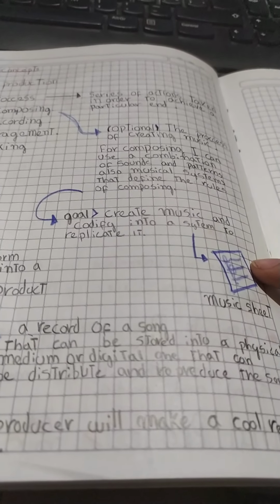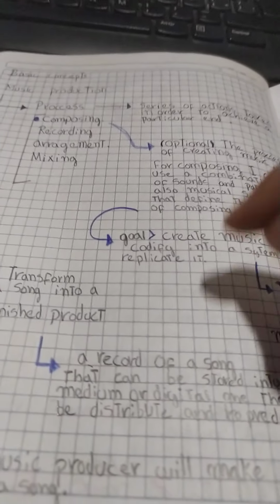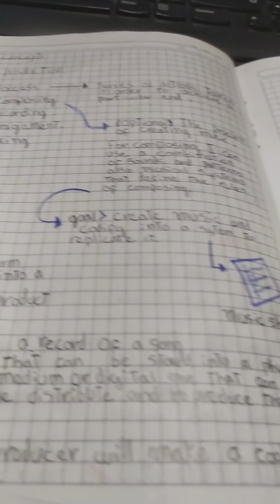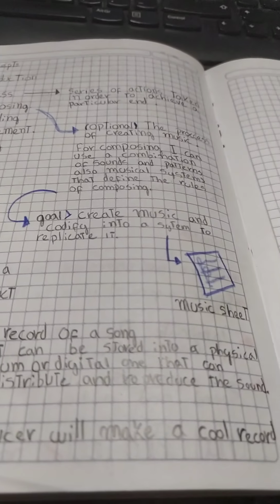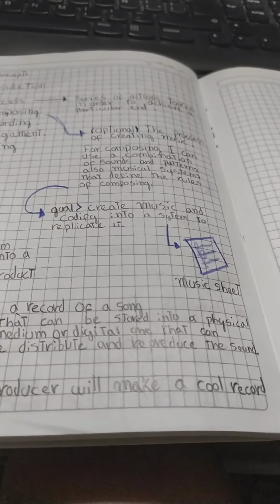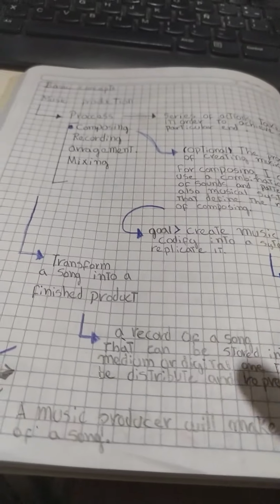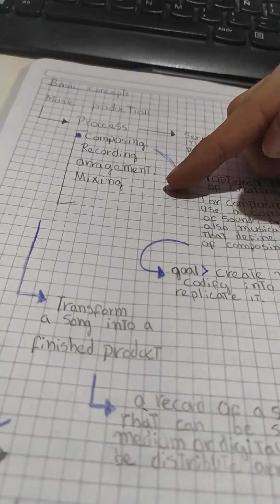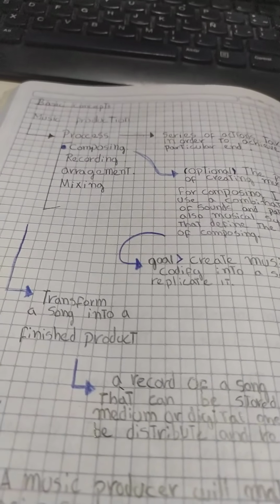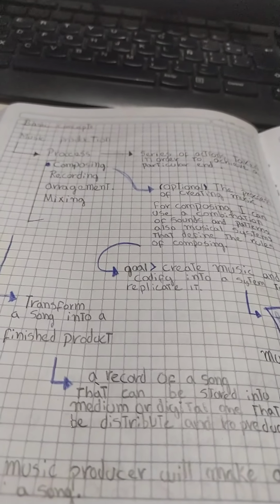And with the other system, you are just composing: writing the song, defining the rules of your song, the feel, and then codifying it to replicate it. But here you're reproducing the song. And in music production, you are composing, you are recording, and arranging, which is about using several instruments, or it's like the creative part.